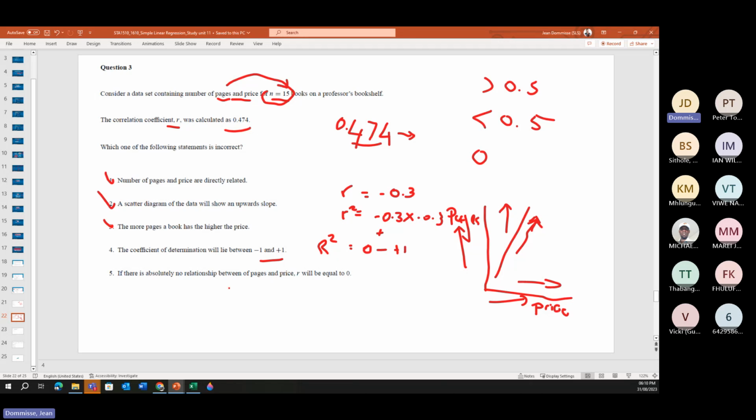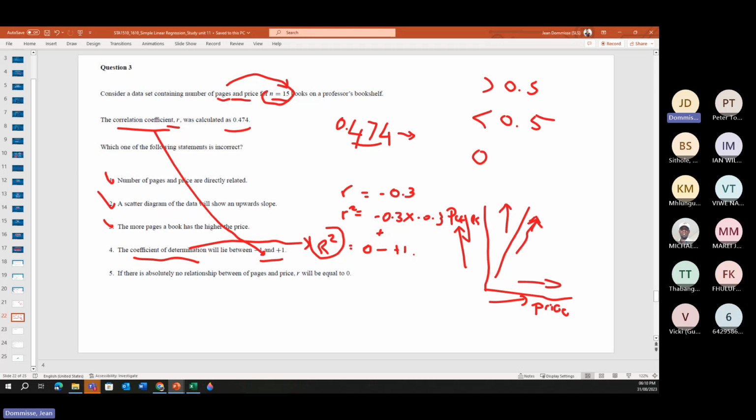Your correlation coefficient lies between minus 1 and plus 1, but your r squared, or your coefficient of determination, will always be between 0 and 1.